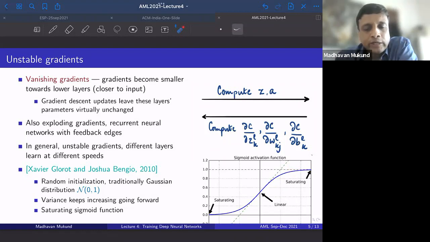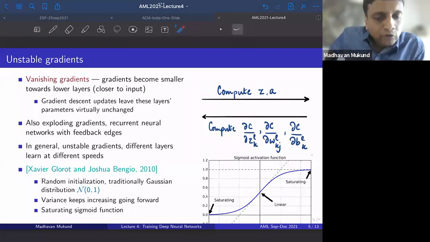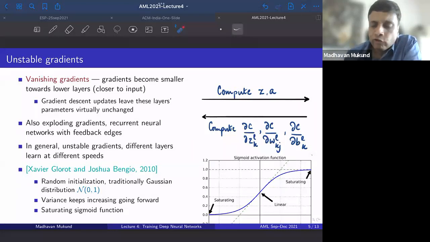So if you have saturated your activation function, then the gradient is going to be very small, and you're not going to make much progress even if you're at the wrong end. Supposing you should be at +1, but you're at 0, then you'll have a problem. They also mathematically derived why this should be the culprit, and this is what they addressed as the main source of unstable gradients, something to be tackled.